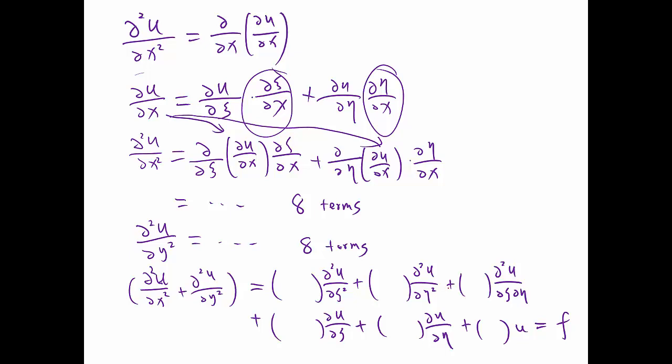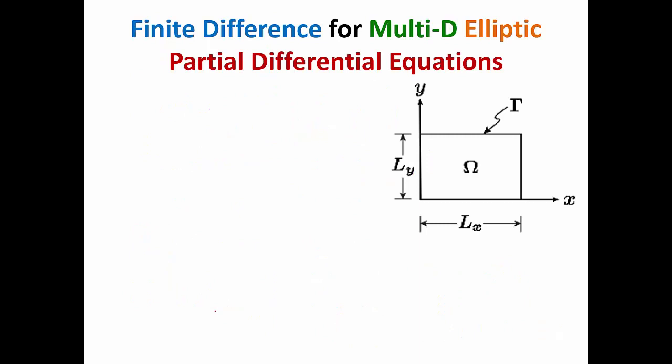Okay, now we have transformed the equation in x and y into an equation in xi and eta. And now we can study how to solve an equation in a regular space, which is where xi and eta live. So think of this as xi and eta, right? This is what we have if we have a mapping.